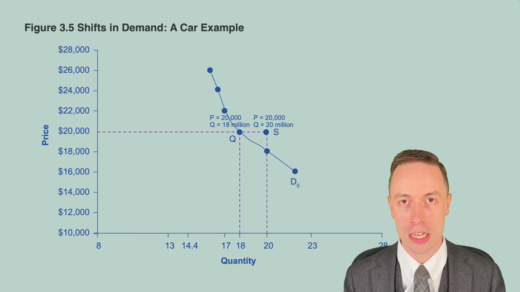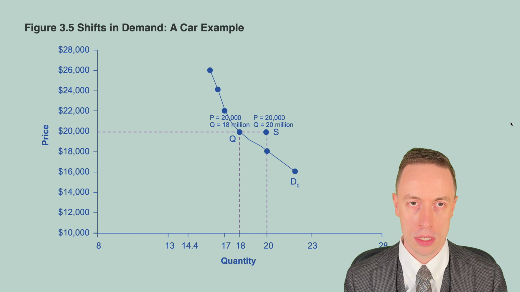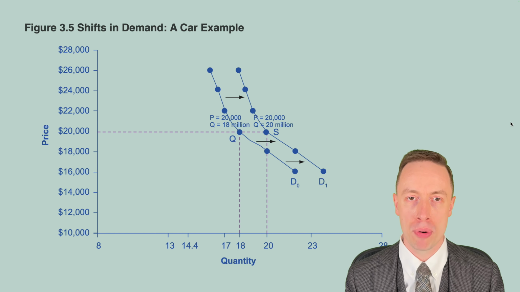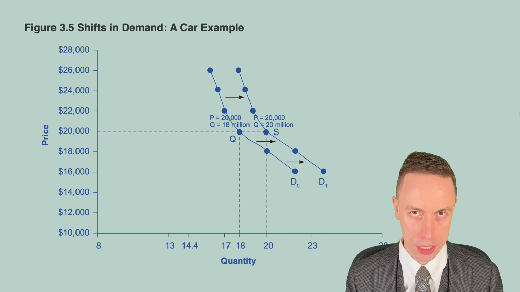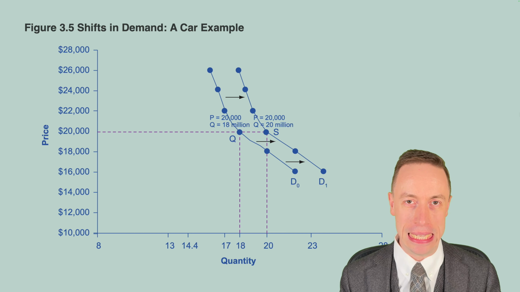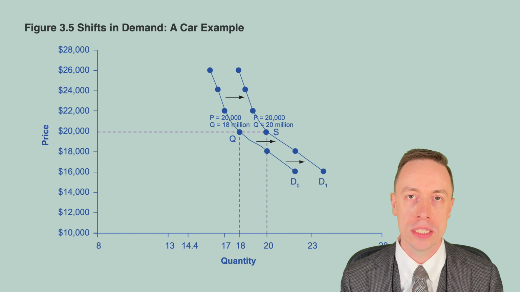That makes it a shift in the demand curve. And assuming for a second that at every other price point we are also looking at a higher quantity demanded, we would refer to this particular type of change as an increase in the demand for the product.